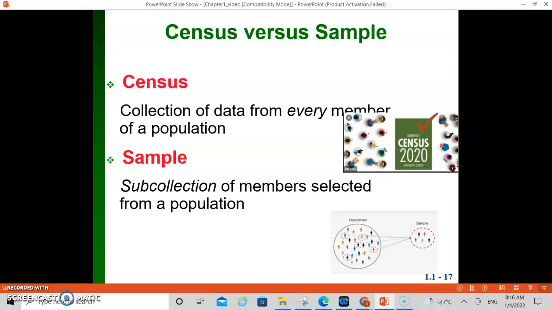You can go online and fill in how many people live in your household, what they are doing, what their occupation is. Sometimes if you miss that, they will come to your house and collect the information. That is called census, which is different from the sample. Sample means a sub-collection from the whole population. You pick a small group from the large group to study. I hope now you understand what population and sample are.